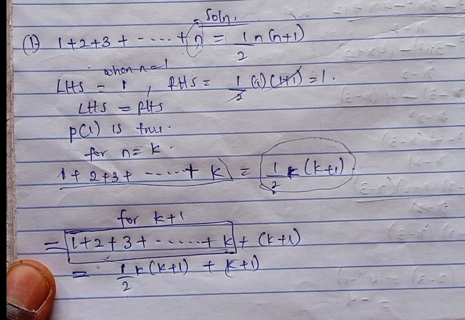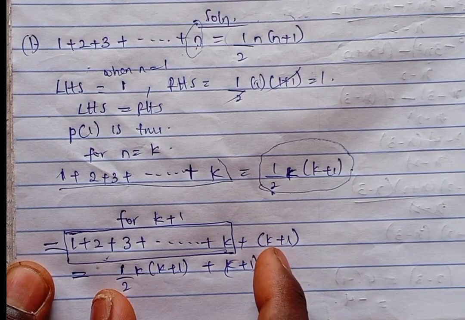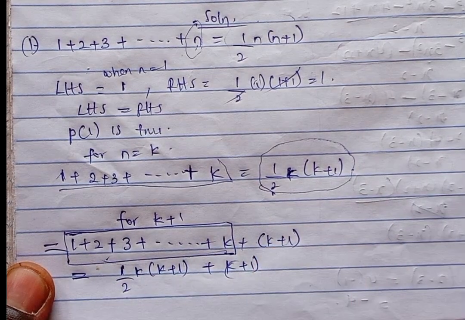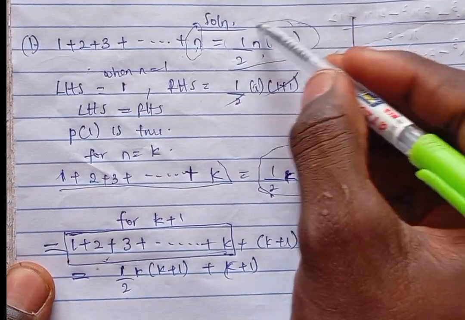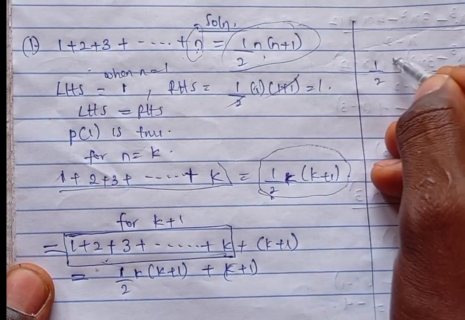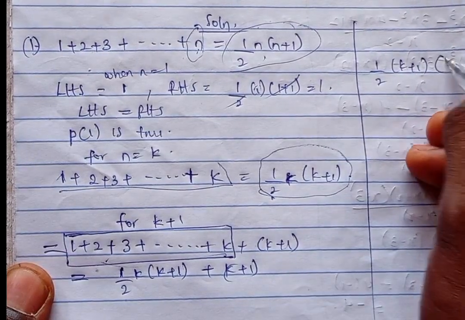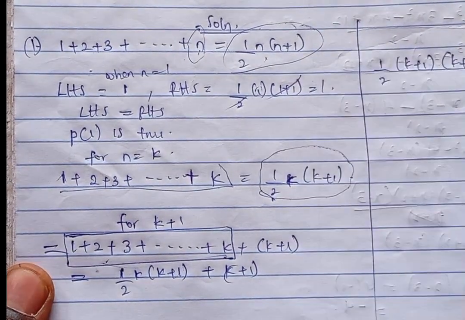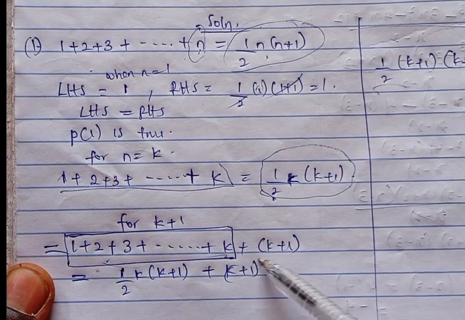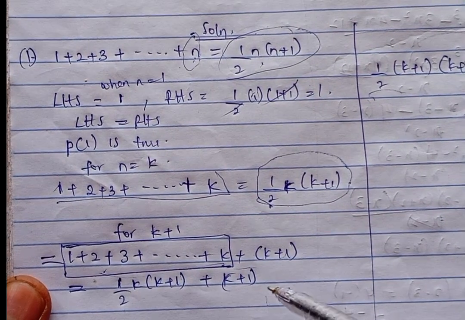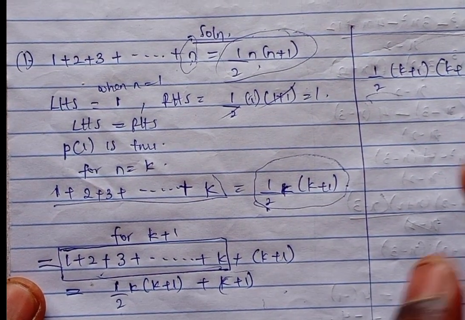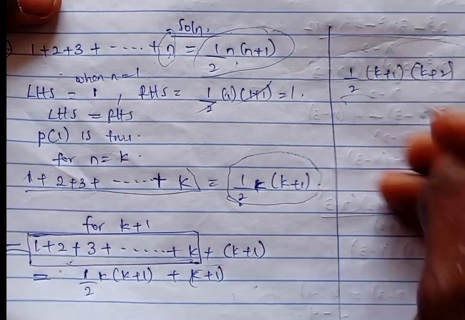If I simplify this completely, I should get something like, if I input k plus 1 into the formula, 1 over 2 into k plus 1 into k plus 2. This one must be equal to that one. That's when you can say that it is true for all natural numbers.